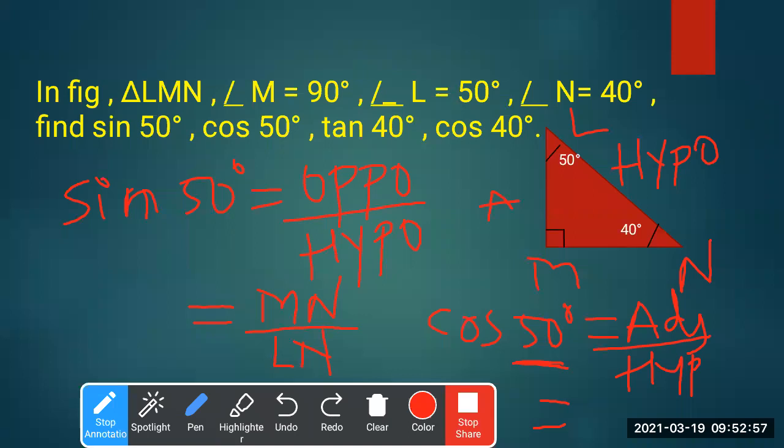So adjacent is LM upon hypotenuse, which is LN. So whatever the degree is given, focus on that, and accordingly the opposite and adjacent sides vary. These are very simple. It can be asked as a 1 mark question, but you should know the definition of the trigonometric ratios properly.